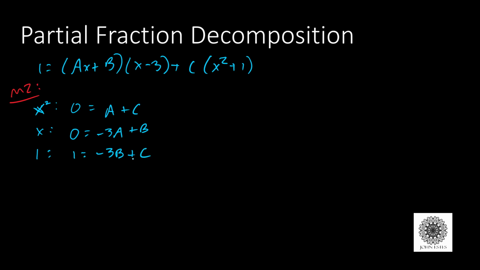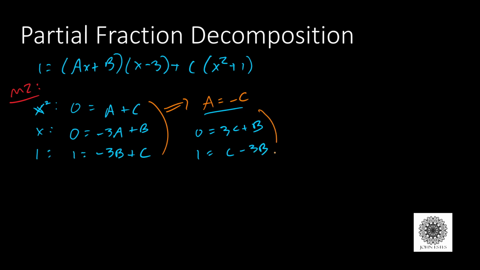So here I have a system of equations, and depending on how this works, you can solve it a variety of ways. What I'm going to notice here is that a equals negative c. And so in doing that, I can replace my equations as 0 equals 3c plus b, and 1 equals c minus 3b.